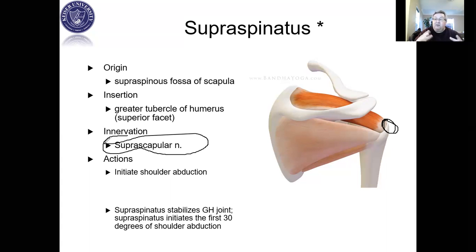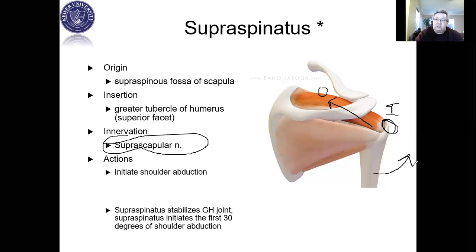So just by the direction, again, like I said, you've got to look at things in a three-dimensional way. So here's the insertion right here on the greater tubercle, and here's the origin. So what you need to picture is if the insertion is moving this way towards the origin, it's going to make the humerus go out to the side.